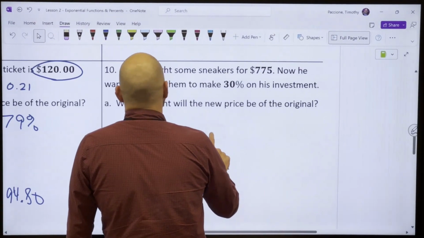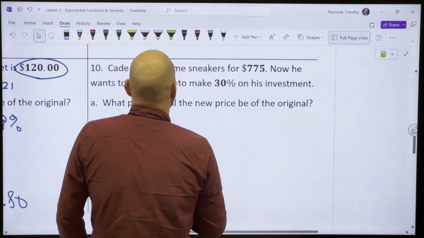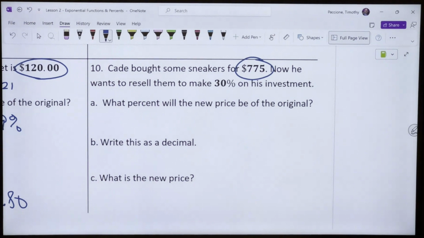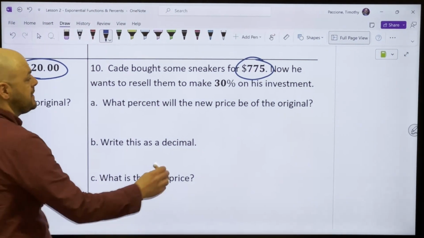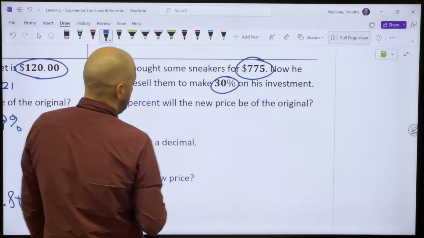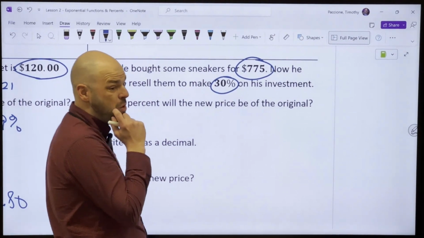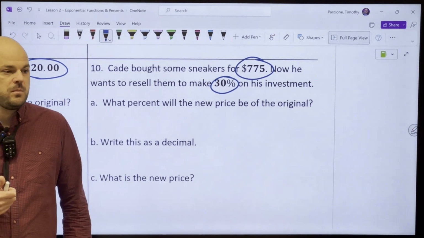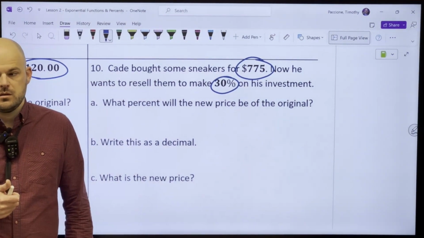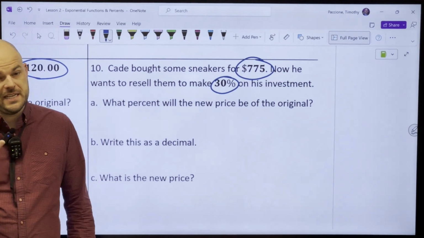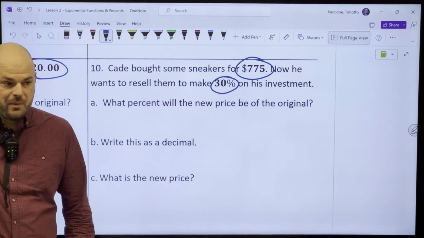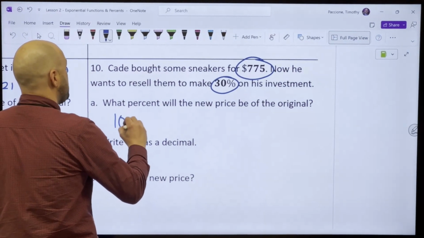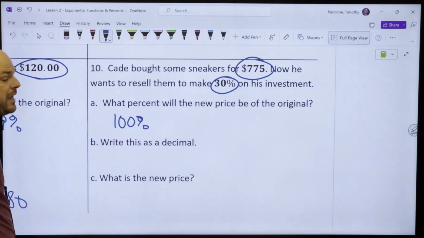All right. Cade bought some sneakers for $775. Now he wants to resell them and make 30% on his investment. So he's going to want more than $775. Well, he's multiplying to get his answer, but he's going up by a percent. So think about it. He has 100% right now. How much does he want to make?